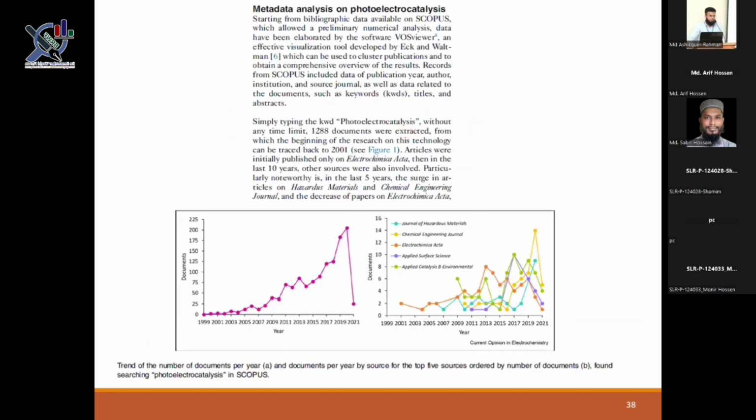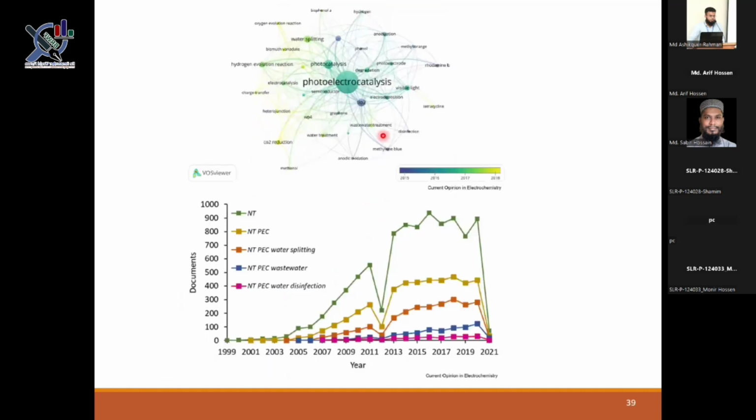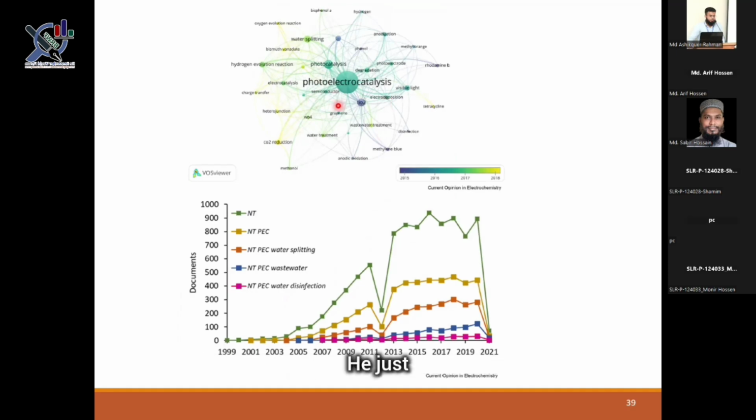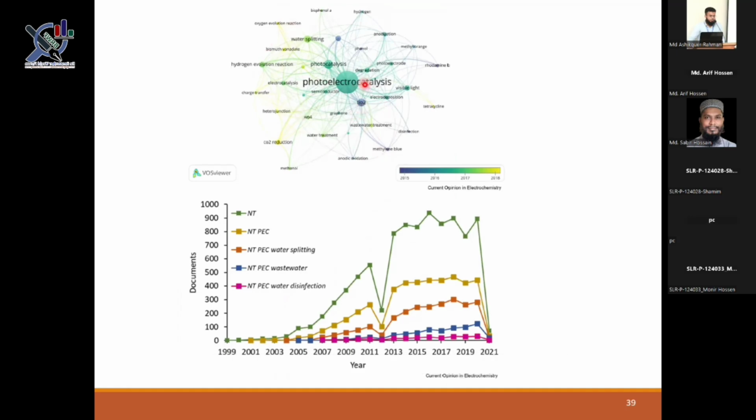Since this is a meta-analysis, he collected all the relevant information, did some statistical analysis and presented it in a systematic way. He also prepared an interaction map describing how the photoelectrocatalysis process relates to other important parameters.